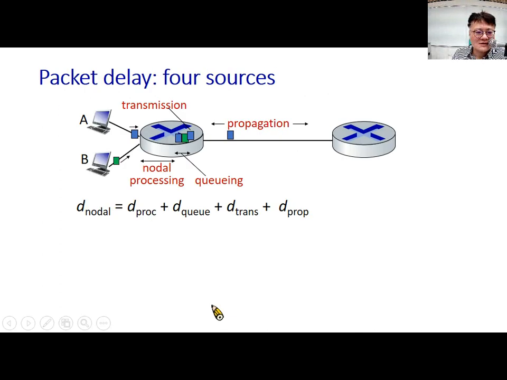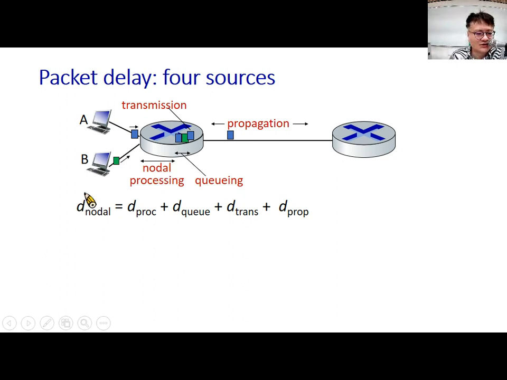Okay. So how can we evaluate the packet delay from the source? The same applies for the transmission from computer A and computer B, the propagation in this router, and the nodal processing and queue. So it's a queue, and here is nodal processing.